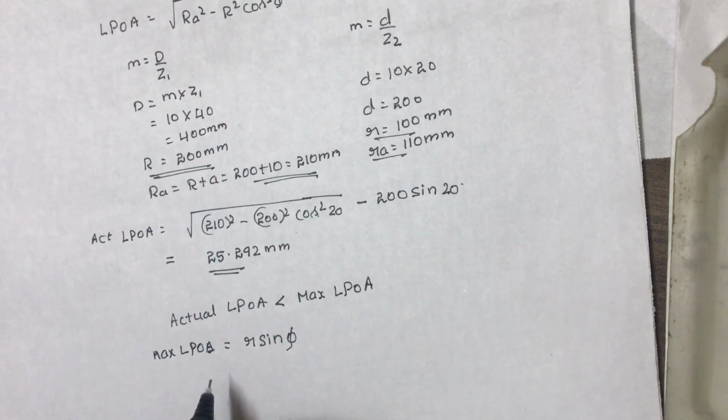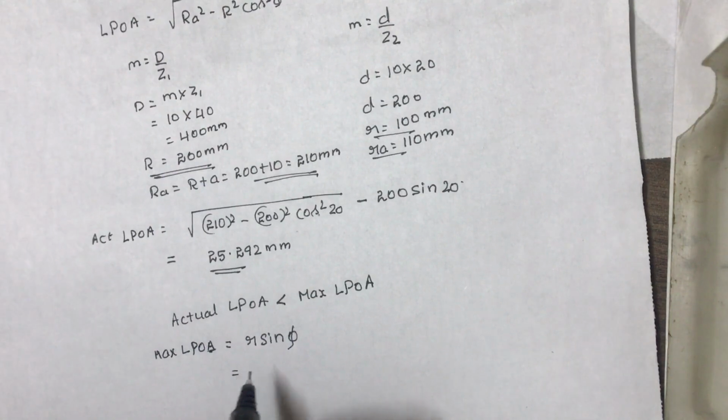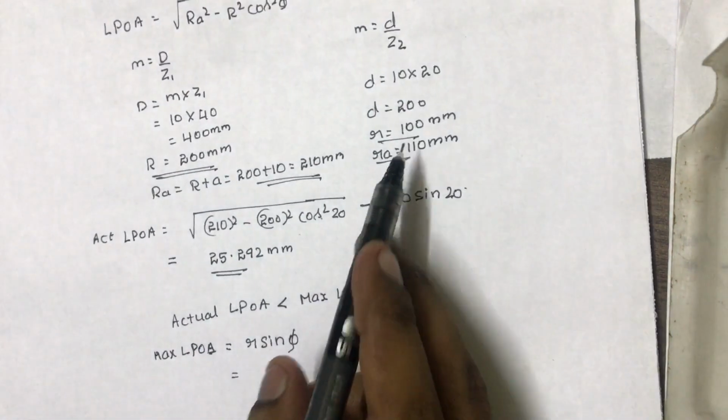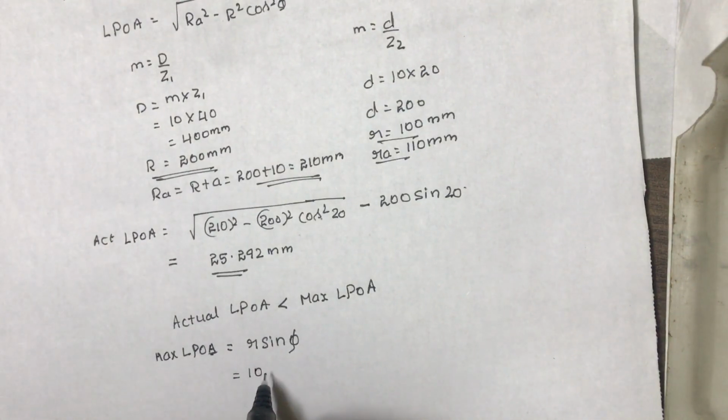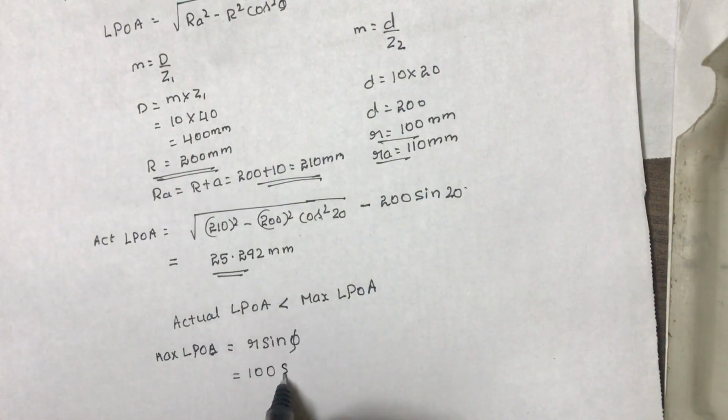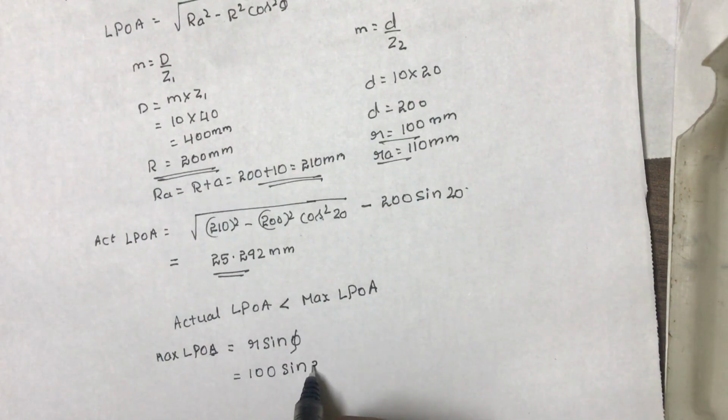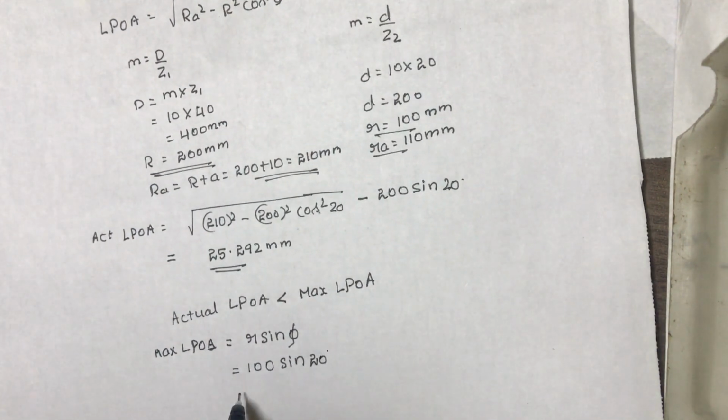Fine. So if you substitute the values, small r 100, sine 20 degree.